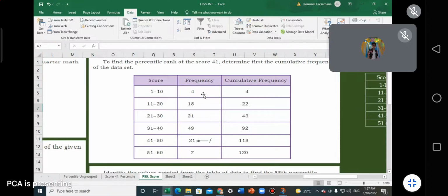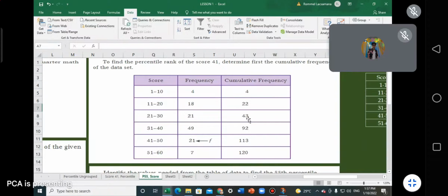I am still adding. In fact, this column is showing us those frequencies are being added up already. It's 4 plus 18, it's 22. 22 plus 21, it's 43. And 66 actually is in between 43 and 92. But it's not in this class anymore.